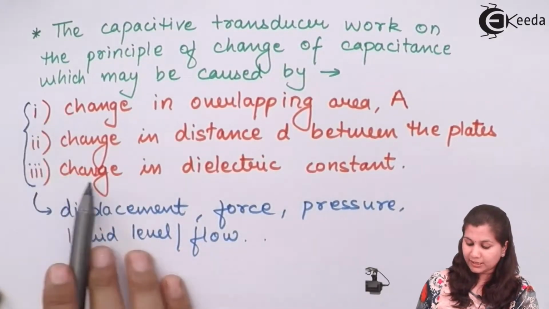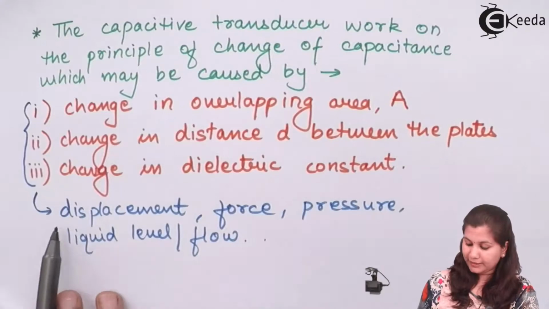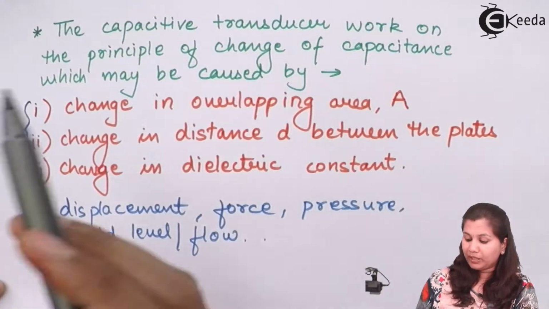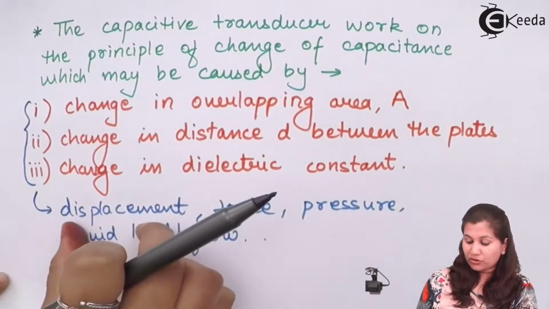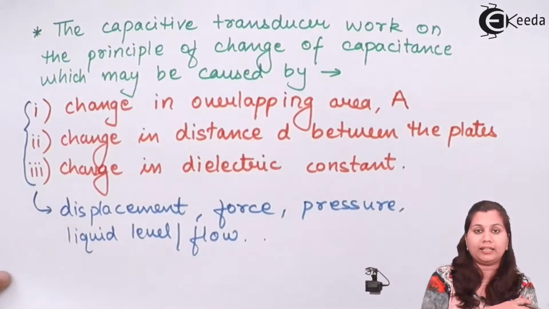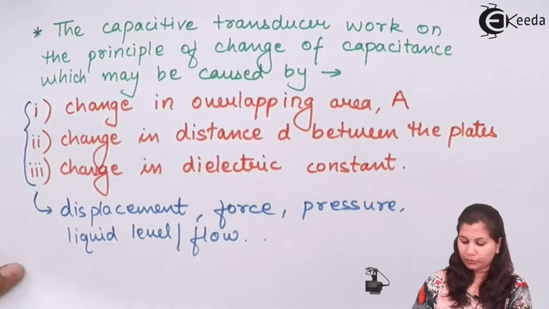So the changes in these parameters can be brought about by these physical variables, or non-electrical quantities. We can use this change in the quantity to get the change in capacitance, and we can get an output quantity. Okay.